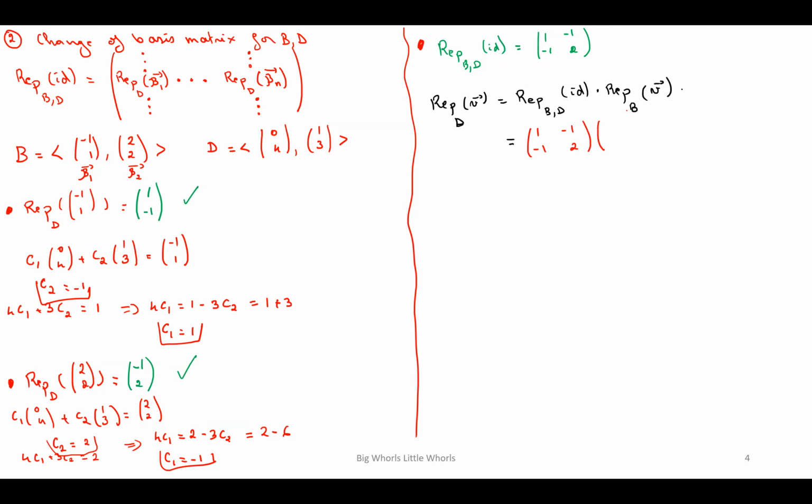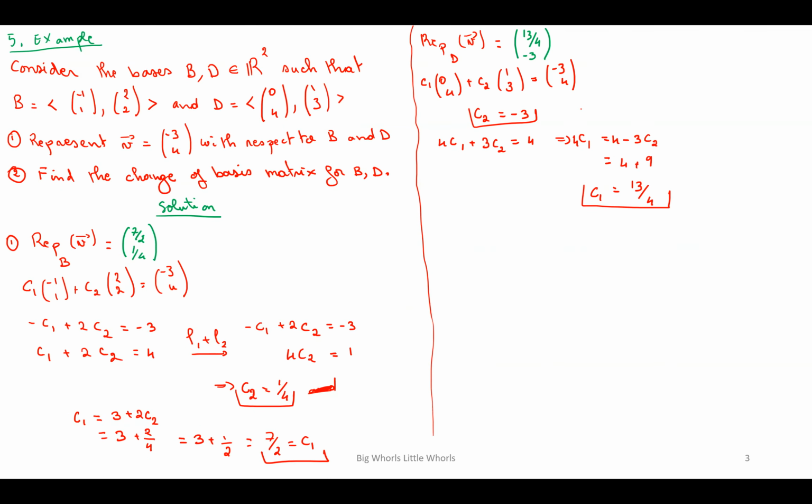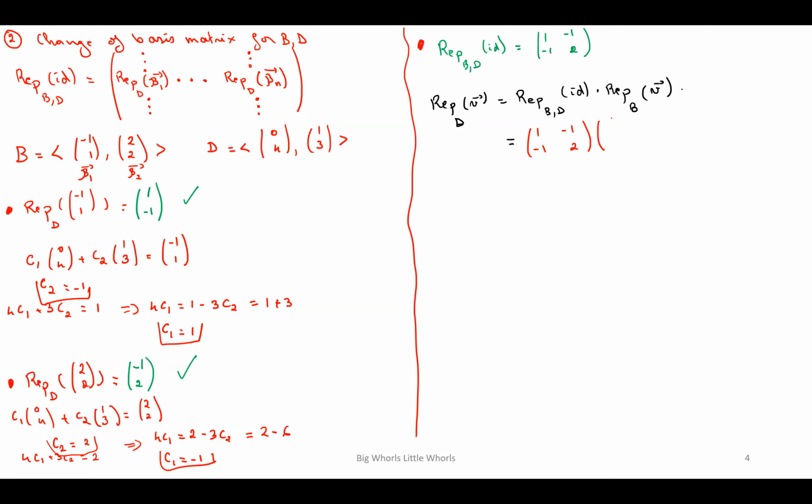And the representation of V with respect to B, which we already found, is (7/2, 1/4). Let's multiply it out. At the top we have 7/2 minus 1/4, and at the bottom we have minus 7/2 plus 2/4.